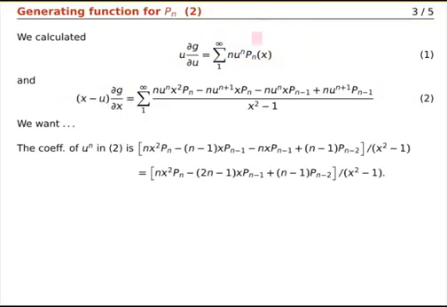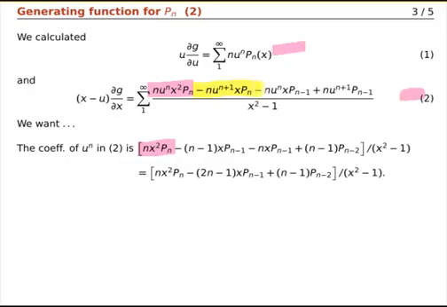In fact, the coefficient of u to the n in this first series is glaringly obvious, and the coefficient of u to the n in this second series I'm now going to work out just by looking at the terms one by one. So in this first term, the coefficient of u to the n is obviously n x squared Pn.